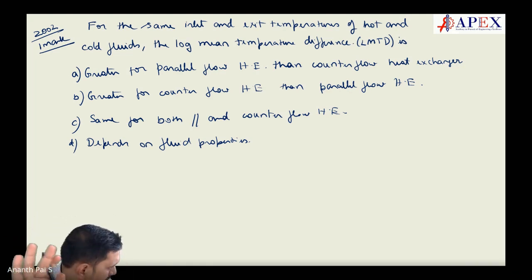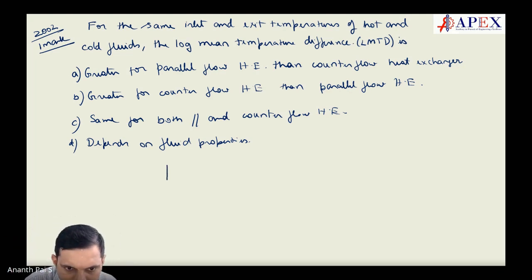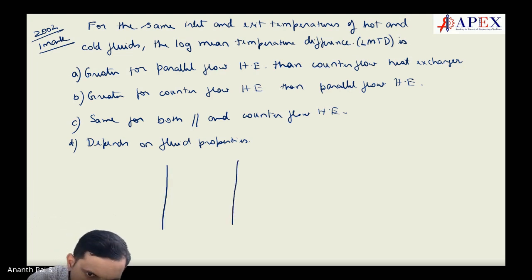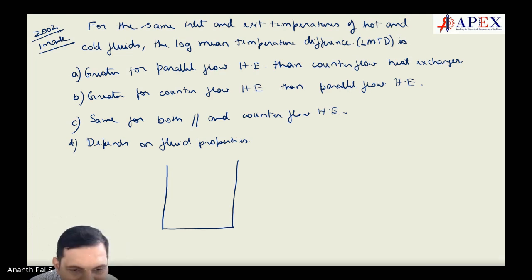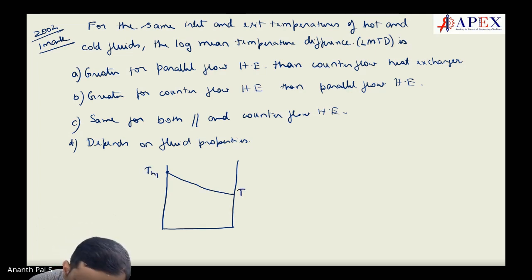So what is happening here? First, let us write a parallel flow heat exchanger. Hot fluid: we have TH1, TH2, and you have TC2, TC1.